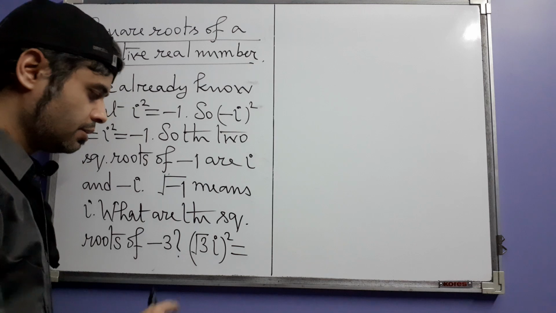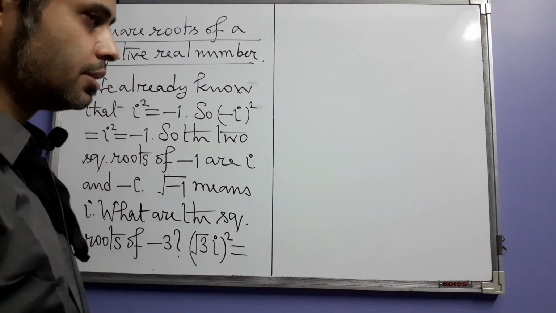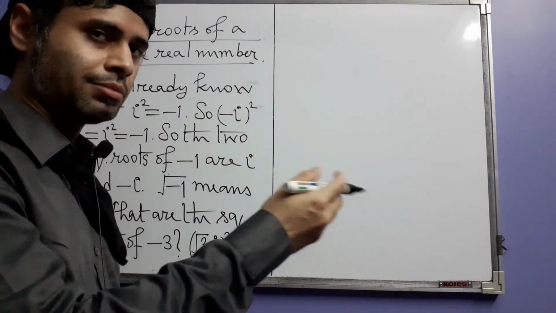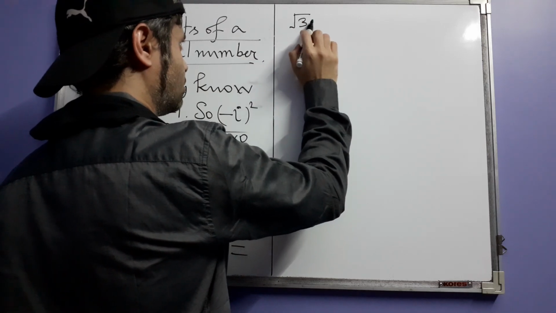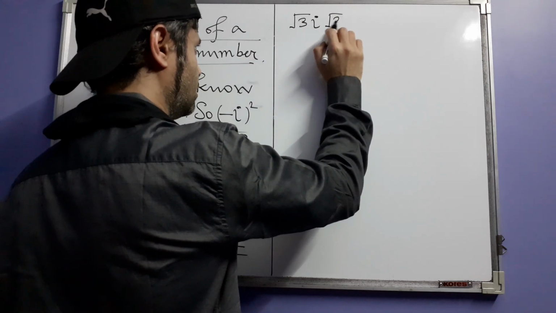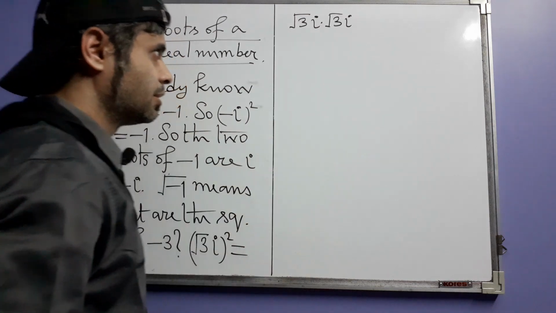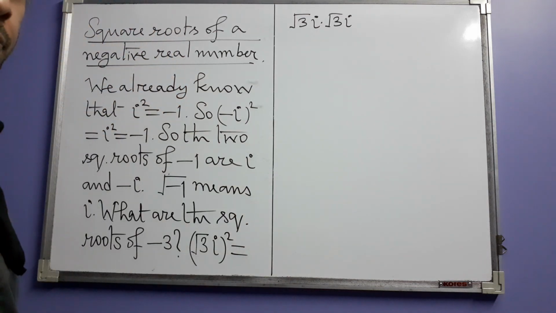Obviously, what is the meaning of this? This means root 3i times root 3i. I just want to show you something. This is what it actually means, right? This is the meaning of square.